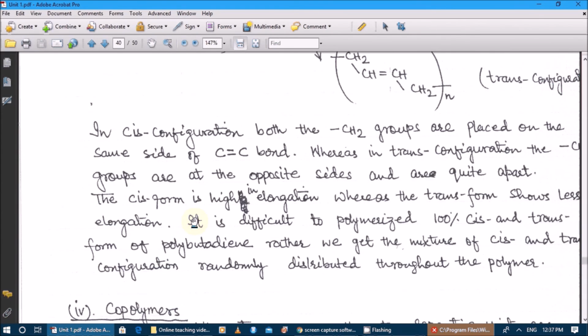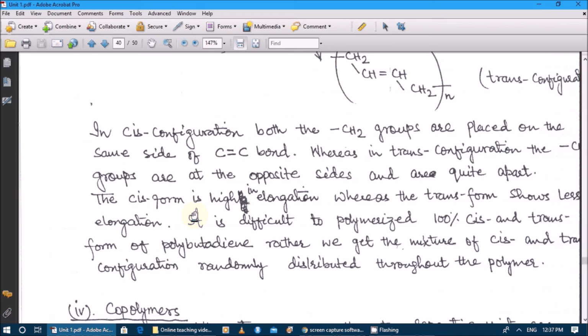Okay, so in cis configuration, both the CH2 groups are placed on the same side of the carbon-carbon double bond, whereas in trans configuration, the CH2 groups are at the opposite side and are quite apart.